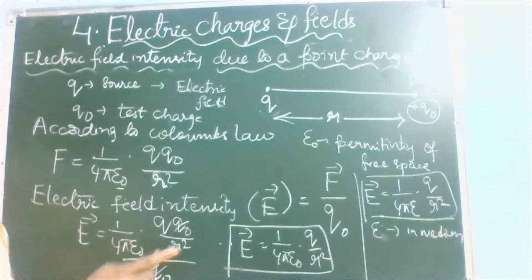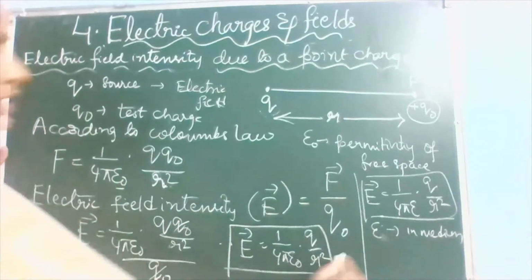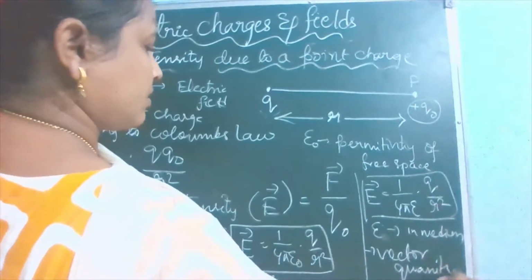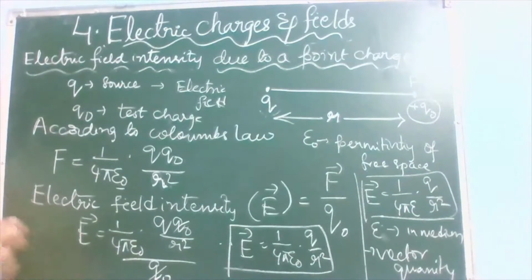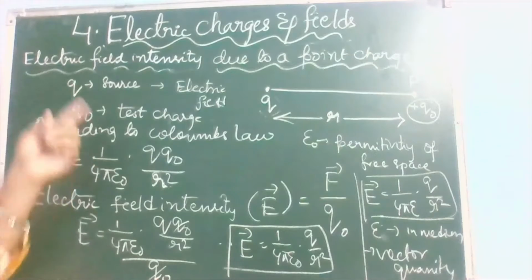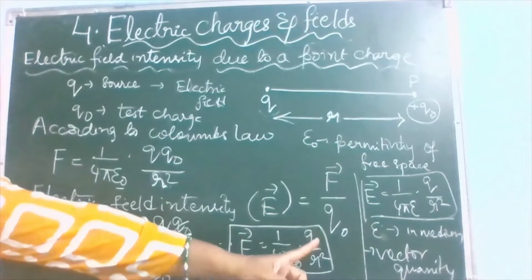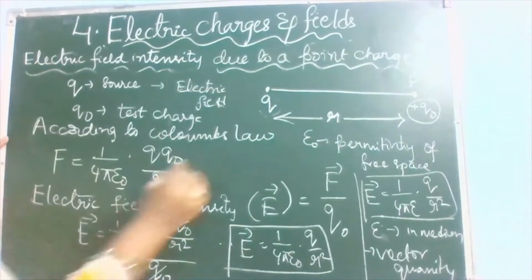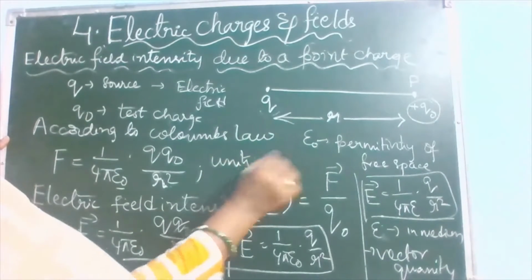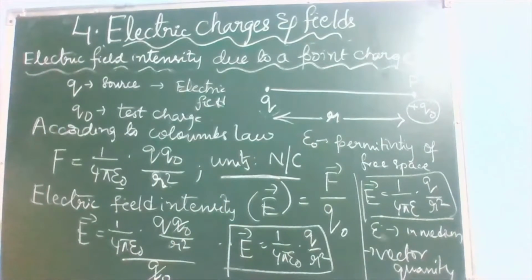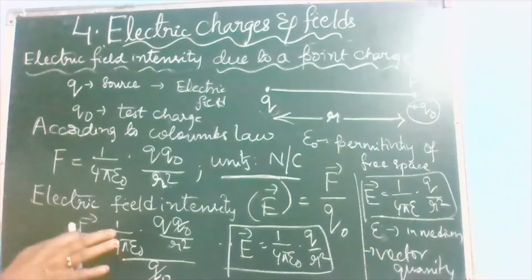Its formula is F by Q, so the unit is Newton per Coulomb. Electric field intensity is a vector quantity.